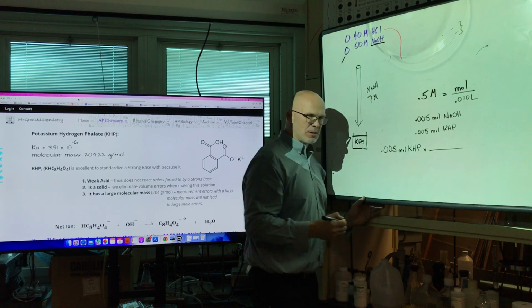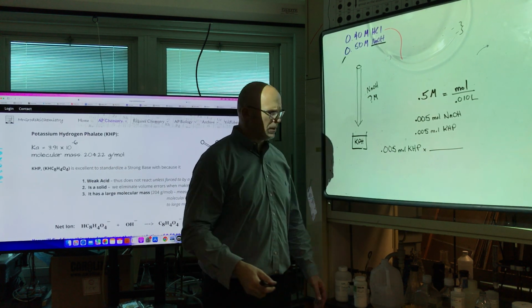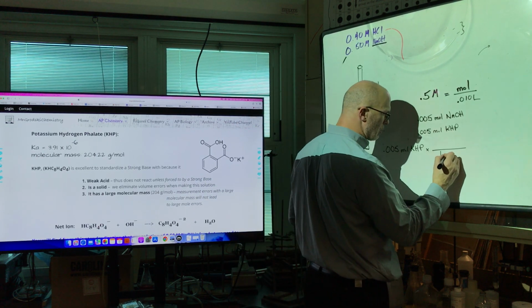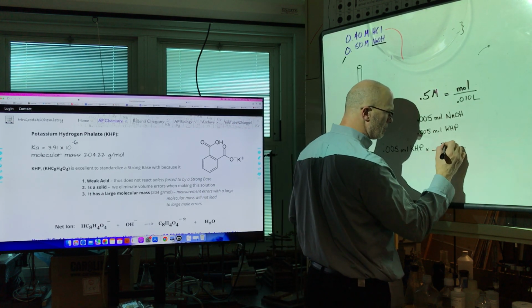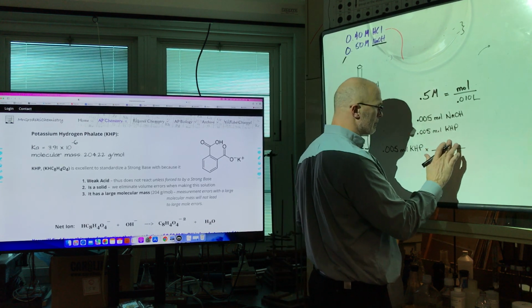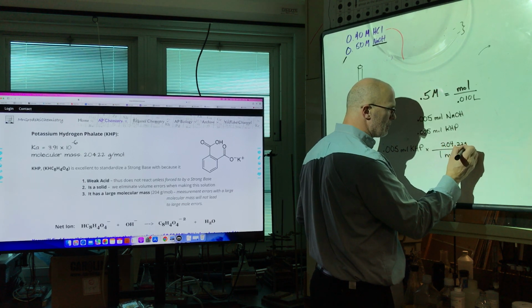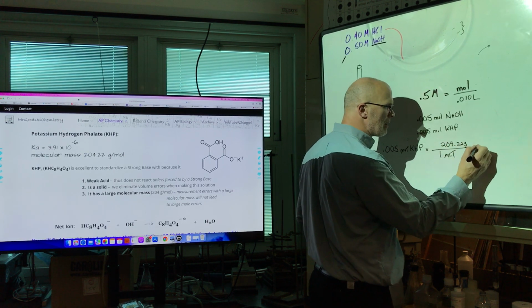Now, if you went to the molecular mass party, you already know it's 204.22. Every 1 mole is what? 204.22 grams. And let's go find the grams.